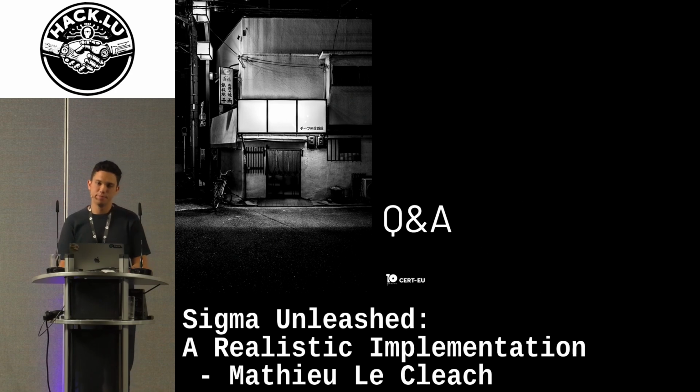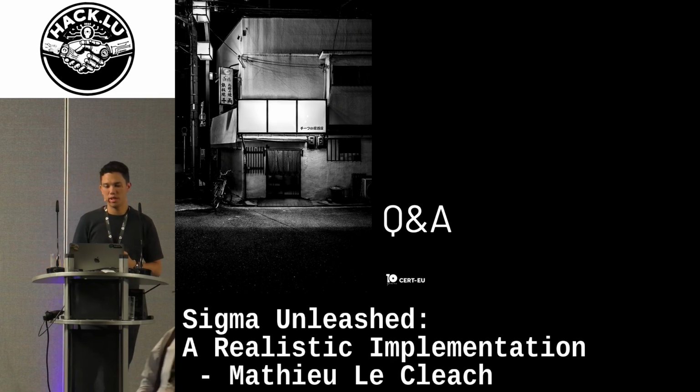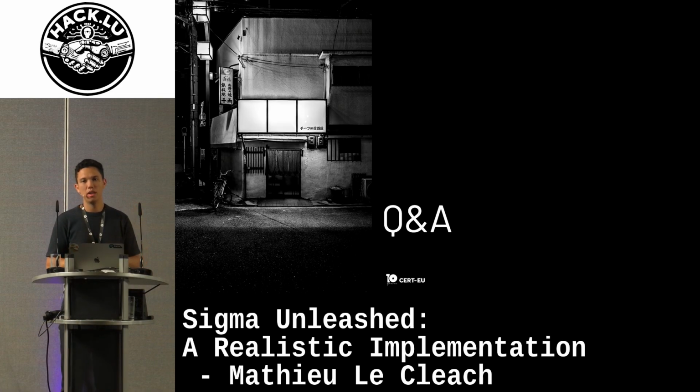You mentioned at the end some new correlation module in Sigma. Can you say a bit more about that? So in Sigma, you can change some detection logic, and you can say, okay, during this time frame, you need to have 1 or 2 detections, and then it will trigger and group by the user, for instance, or by the workstation.